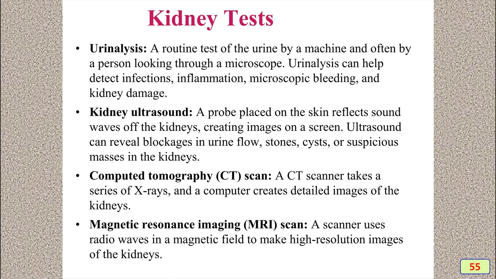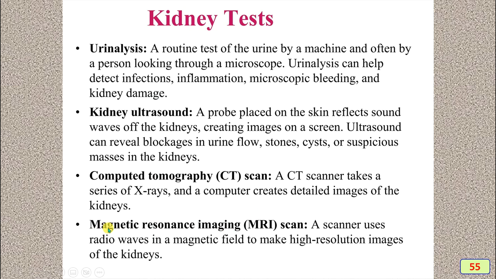Whereas in kidney ultrasound, a probe placed on the skin reflects sound waves off the kidneys, creating an image on the screen. Ultrasound can reveal blockages in the kidney flow, stones, cysts, suspicious masses, etc. The CT scan, or computed tomography, is better than ultrasound. It takes a series of X-rays and a computer creates a detailed image of the kidney.